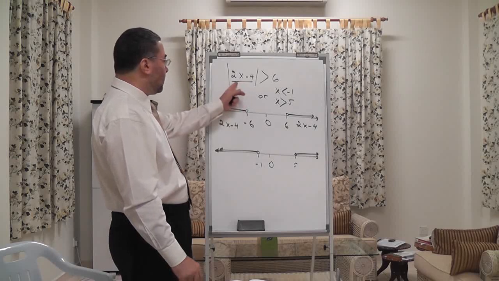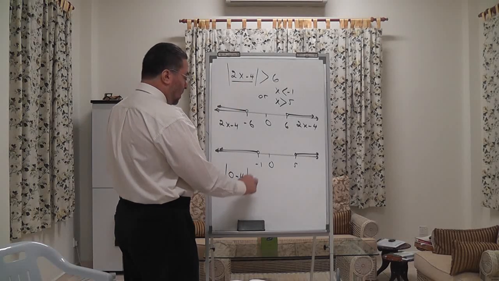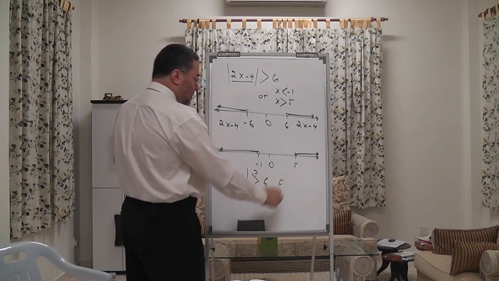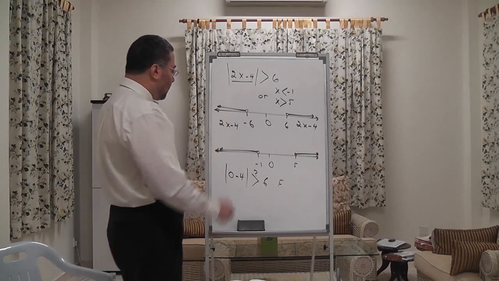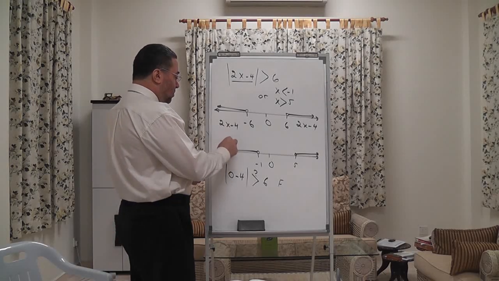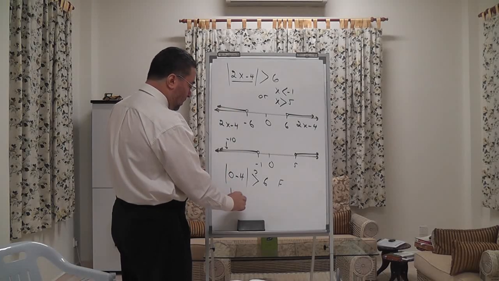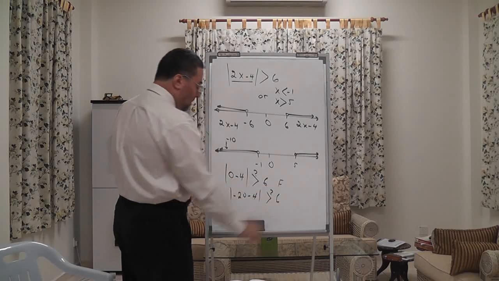If you try 0 here, you get 0 minus 4. Is it more than 6? That's false. So this is the rejected region. And if you try here a -10, which is an easy value, you get -20 minus 4. Is it more than 6?